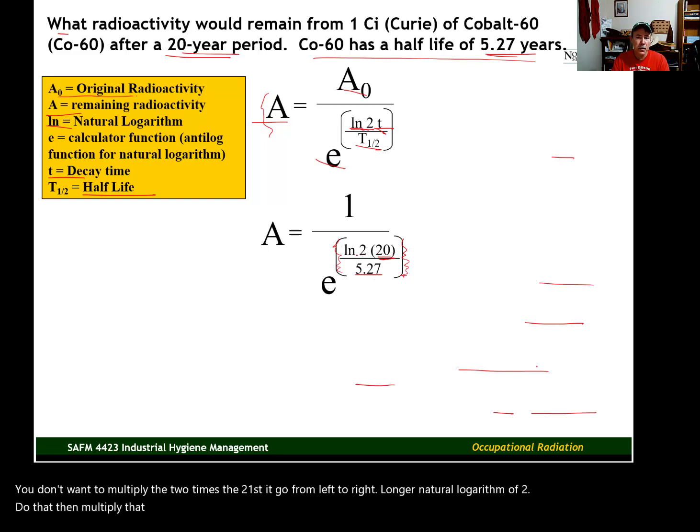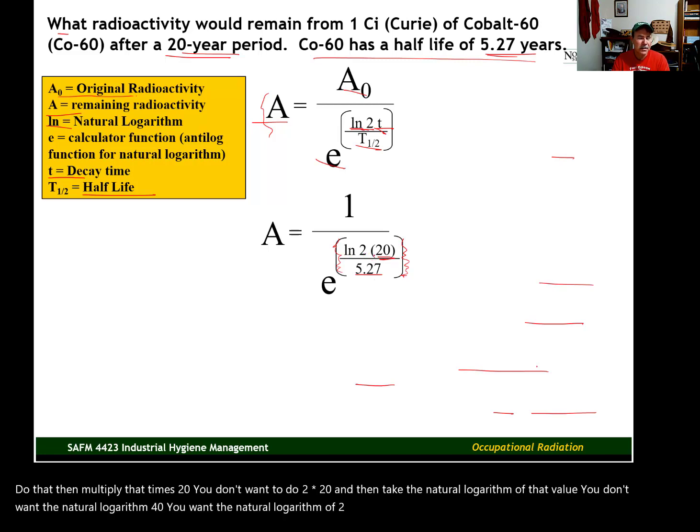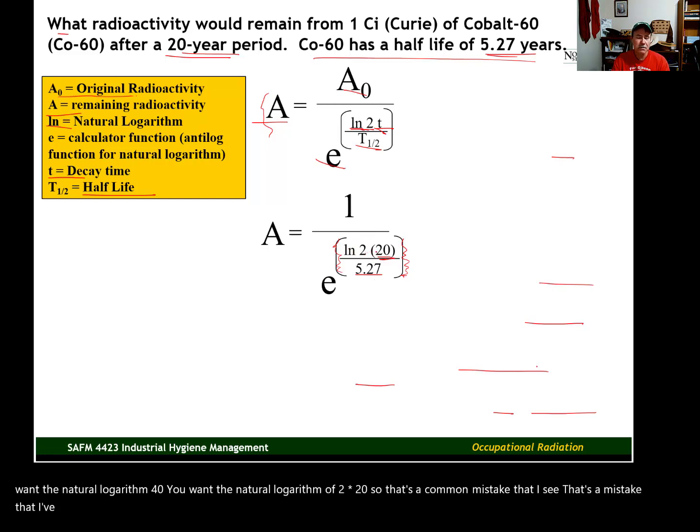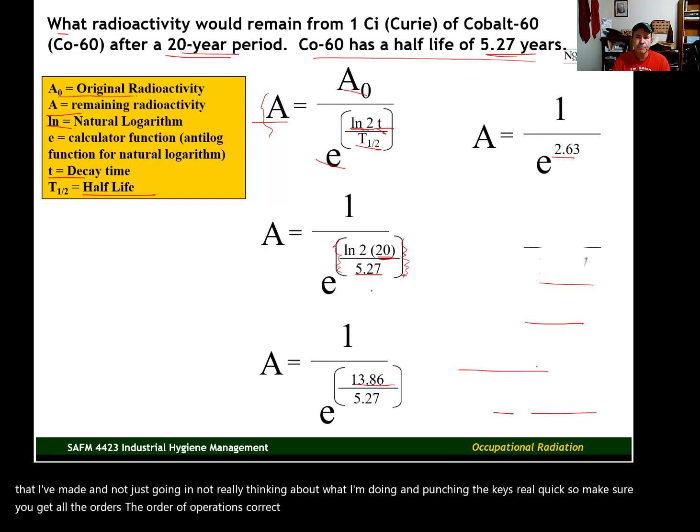You don't want to do 2 times 20 and then take the natural logarithm of that value. You don't want the natural logarithm of 40. You want the natural logarithm of 2 times 20. That's a common mistake that I see. That's a mistake that I've made, going in without really thinking about what I'm doing and punching the keys real quick. So make sure you get all the order of operations correct in problems like this.